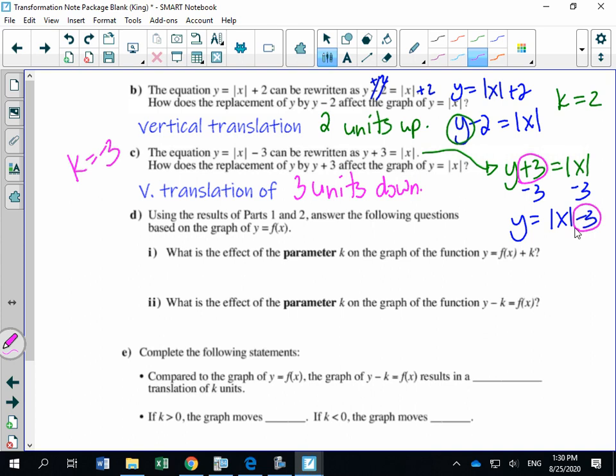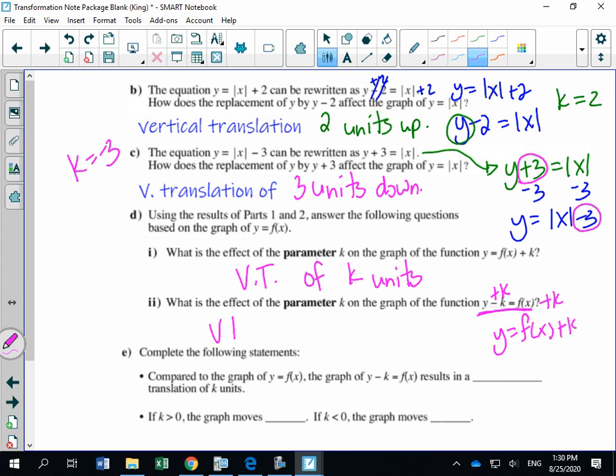Okay, what is the effect of parameter k on this function? Parameter k, we just did that in B and C. Parameter k is a vertical translation of k units. And this guy is the exact same thing. I always like isolating for y. So y is equal to whatever our function is plus k.